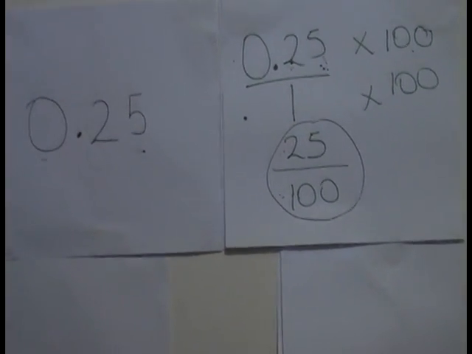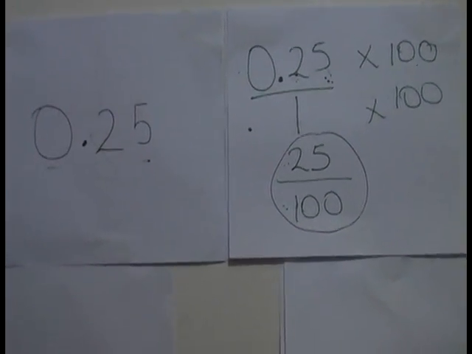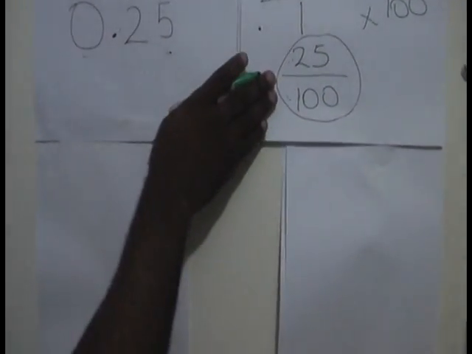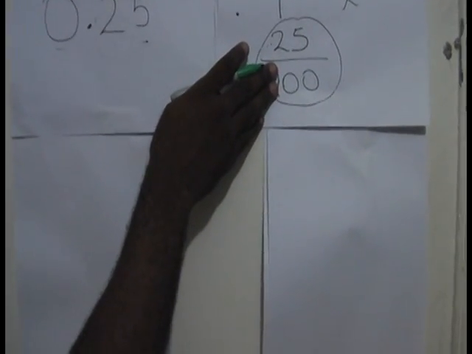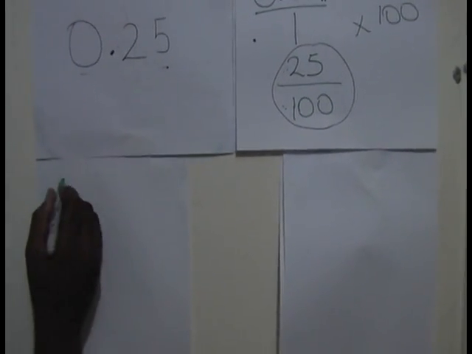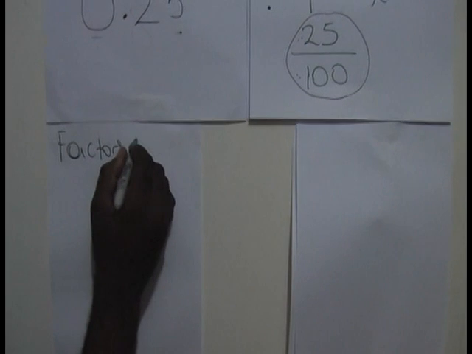Alright, so how do we find factors of 25? You find any numbers that when multiplied can give you 25, and we did that when we did what? Sets lessons. Remember that? So the same way we did in the sets lesson is the same method you're going to be using. Alright, so now factors of 25.